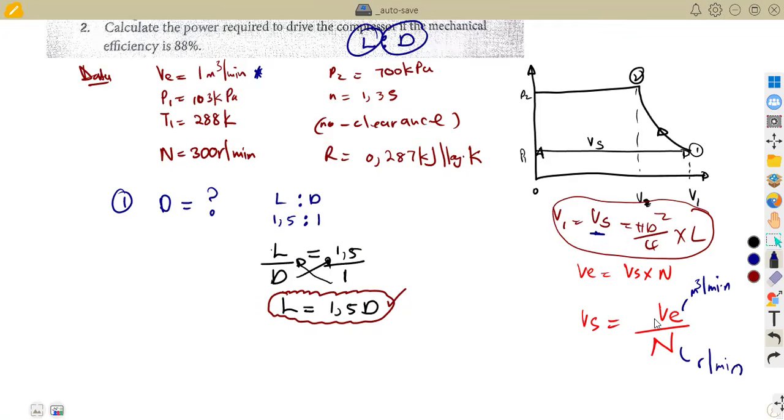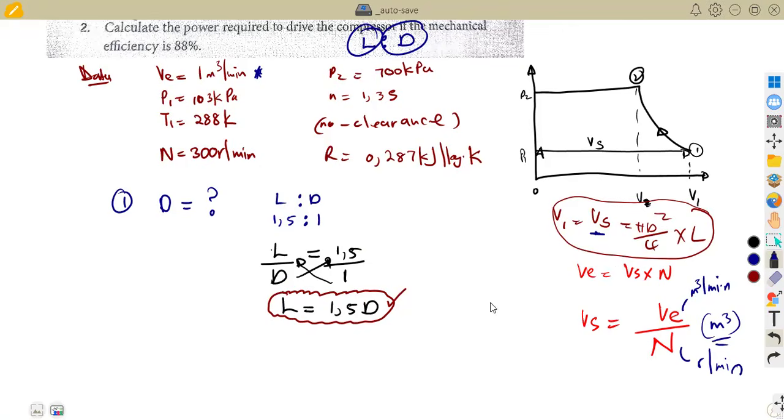You remain with your VS, which is cubic meters per revolution, per rev meaning per cycle. And I said per cycle, it means it is just cubic meters. If something is measured per cycle, it is as it is. Whenever you're given per cycle, it is as it is.